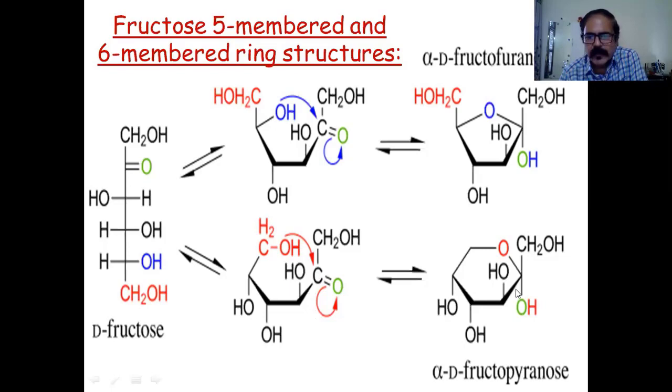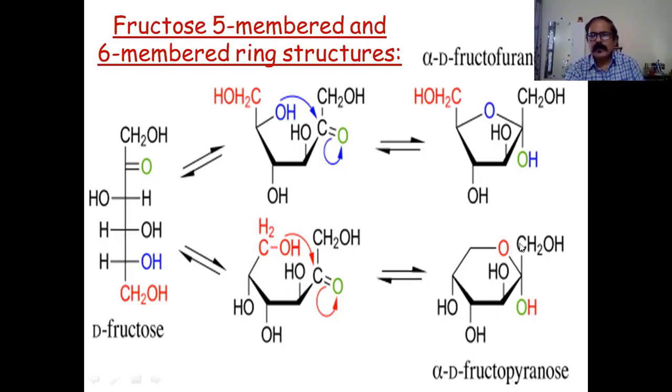You will get a 6-membered ring. In this 6-membered ring, you will have 1 oxygen and 5 carbons. This is the first carbon, and the second carbon has OH, the C double bond O is converted into hydroxyl, and you will have the rest of the carbons, and this oxygen is coming into this position. So this is nothing but alpha D fructopyranose.